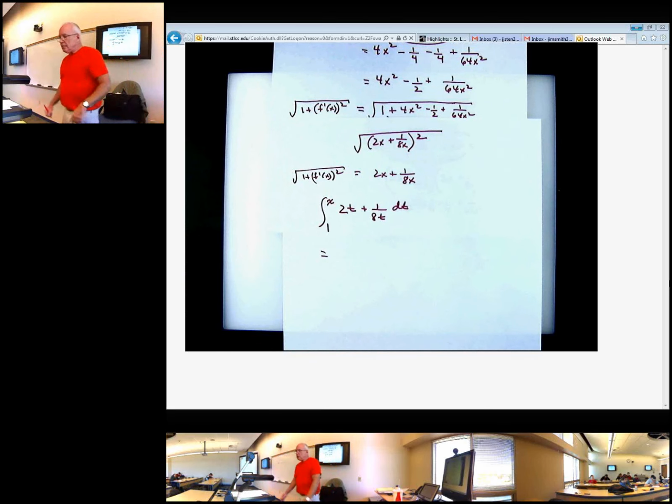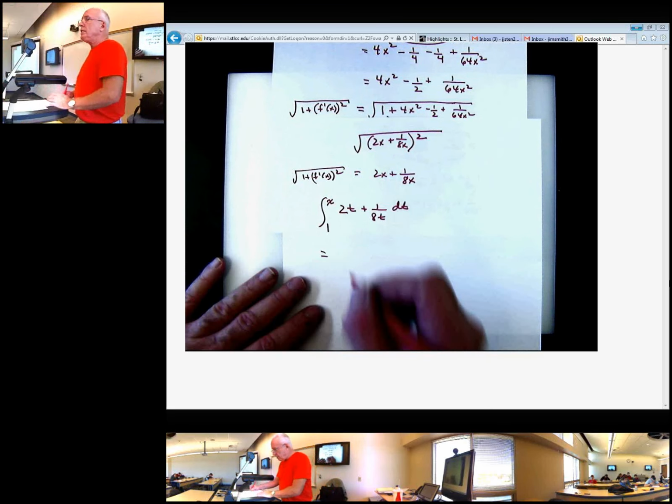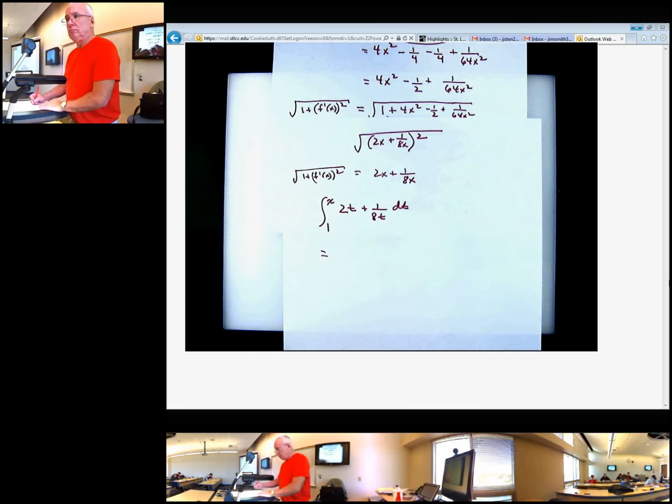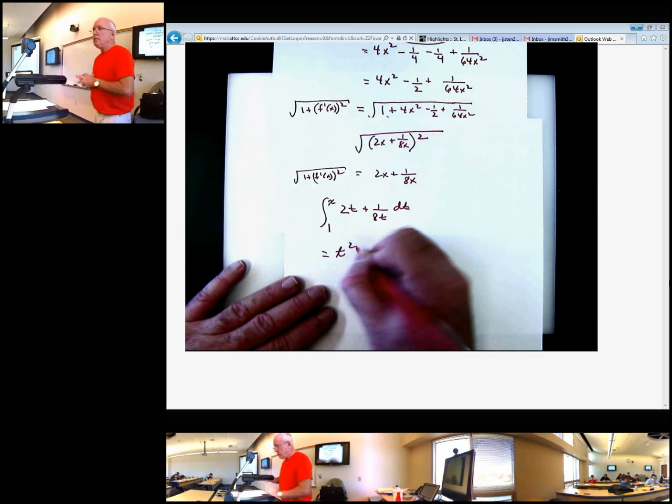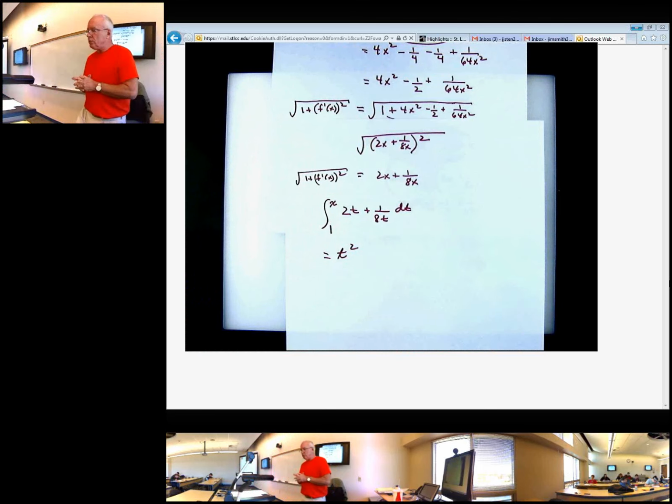So what's the antiderivative of 2t? T squared, yeah. 2t squared over 2, it's going to be t squared.